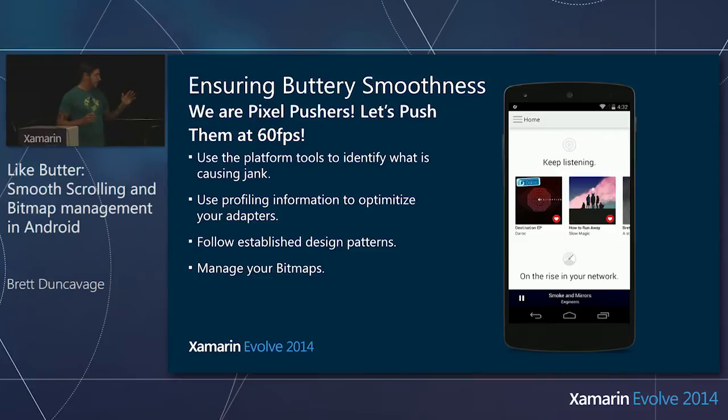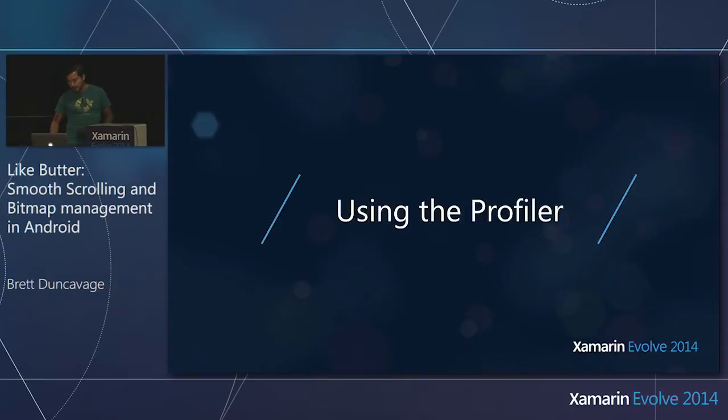There are best practices to squeeze as much performance out as you can. And then lastly, managing bitmaps, which is not purely just for scrolling, but a lot of times you're showing a list of images, so it's important, and I'll get to that towards the end.